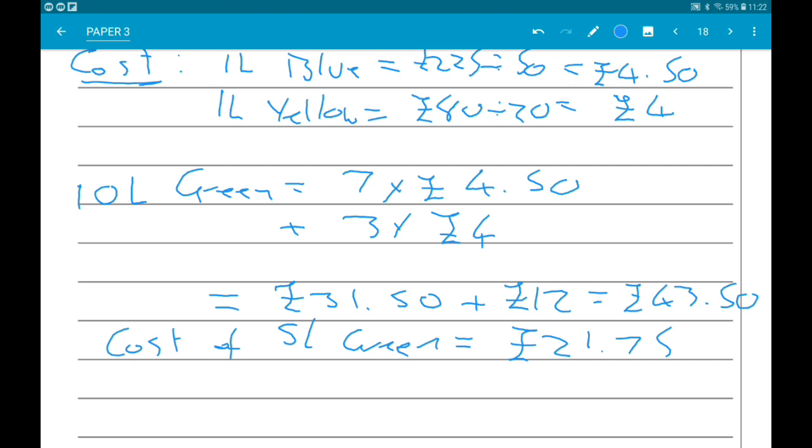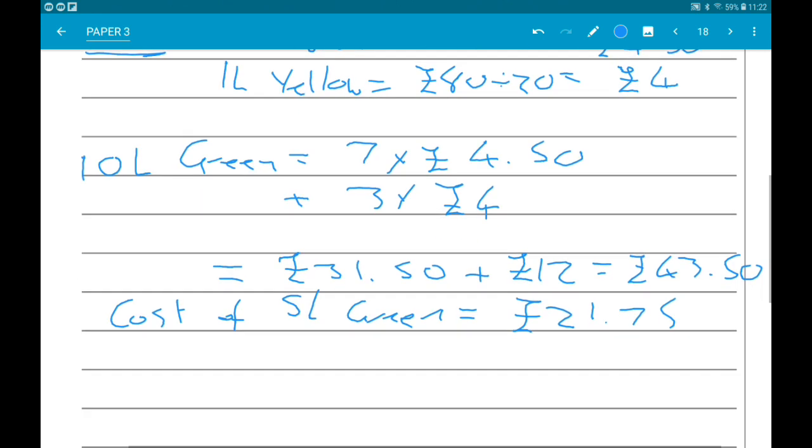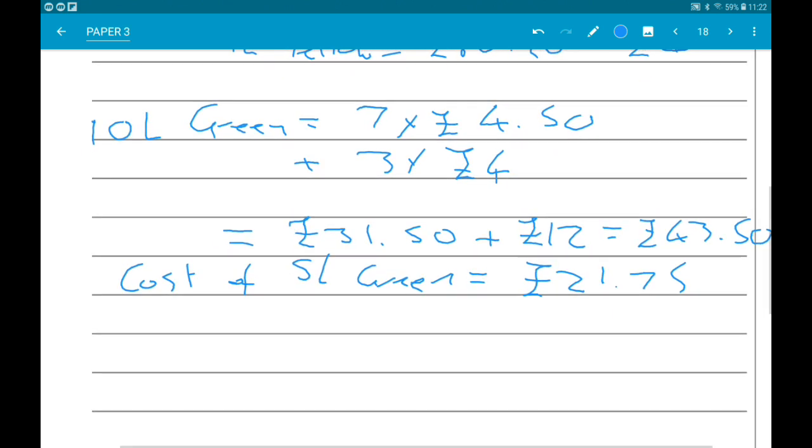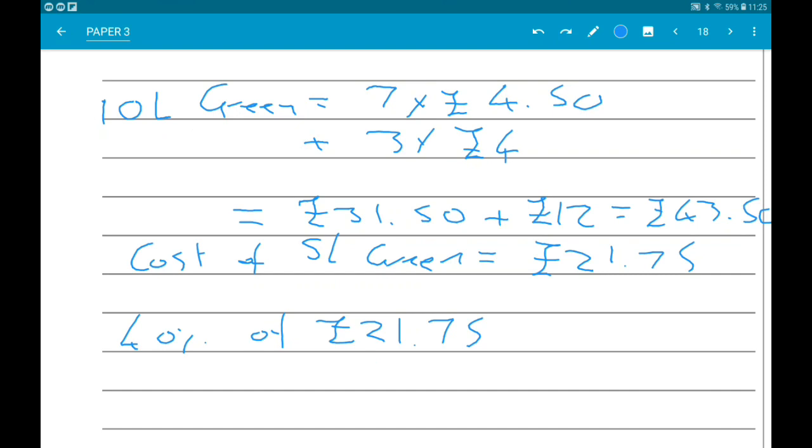So to make his money back, he needs to sell it for that, and then he wants to make 40% profit. So we now need to find 40% of 21.75. So on your calculator, the quickest way is to do 0.4 times 21.75, and you will get £8.70.